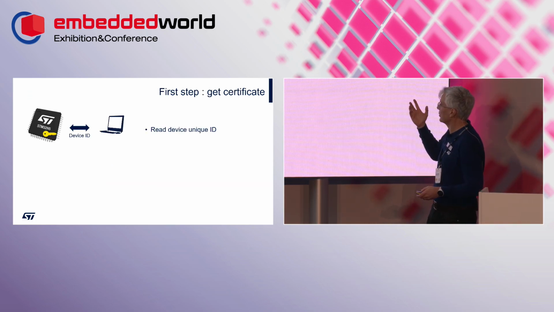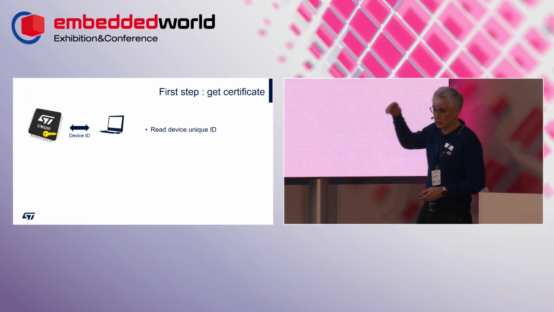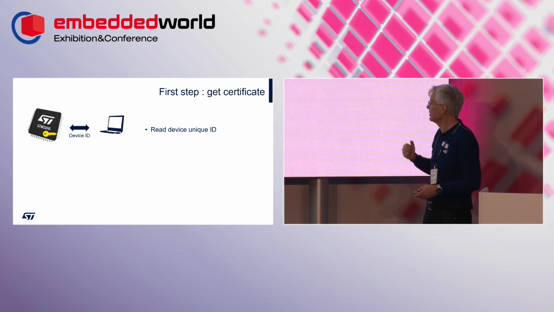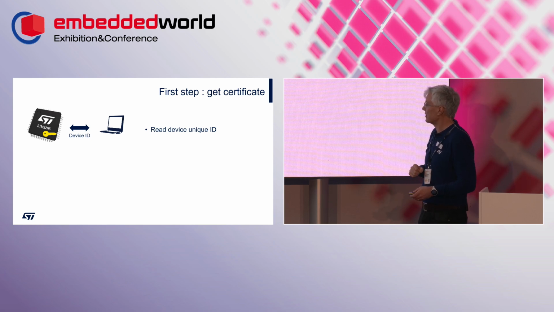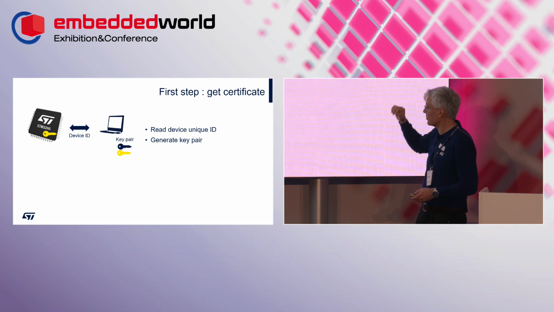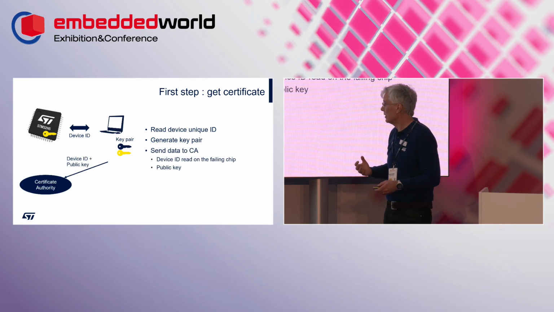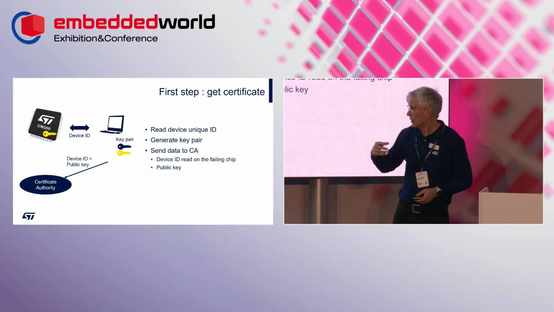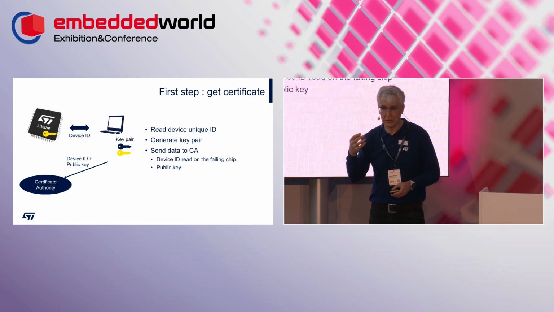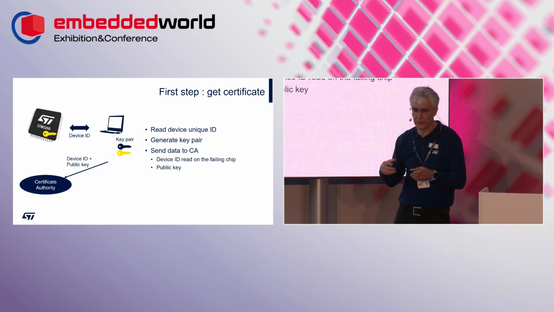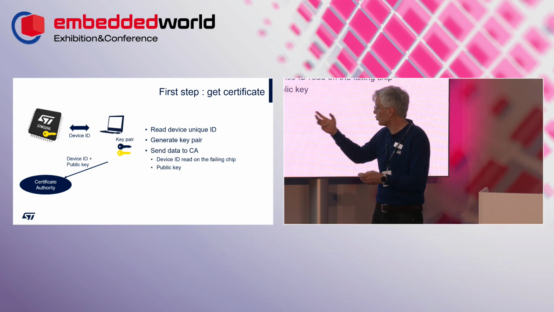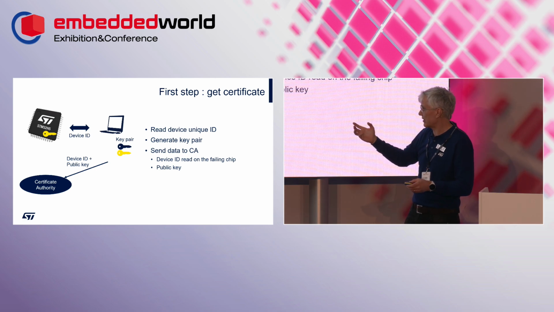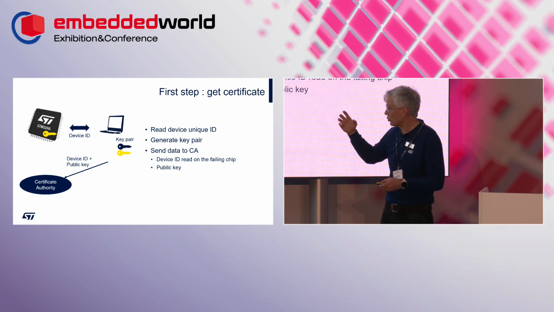So the first step is to get the certificate. So now you got the device back to your premises. You read the unique ID of the device. You generate a key pair. And then you send this data to the certificate authority. So this should be, in your company, the person responsible for security, who has access to the root private key or the intermediate private key, and is able to give you this permission.